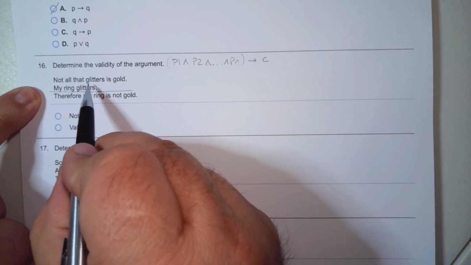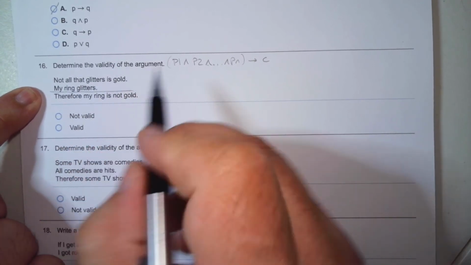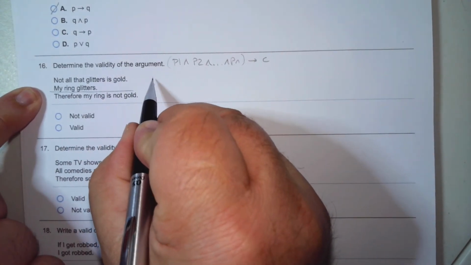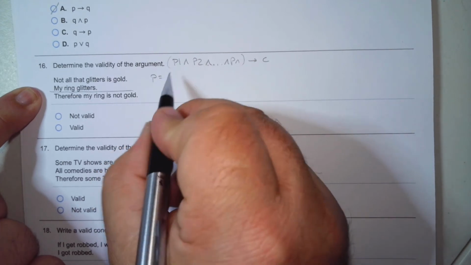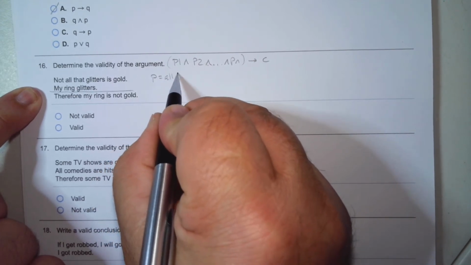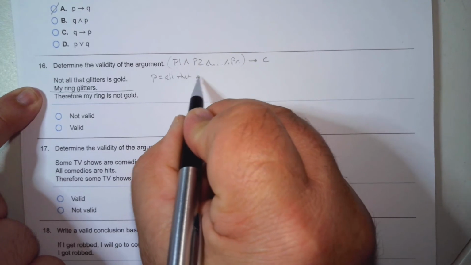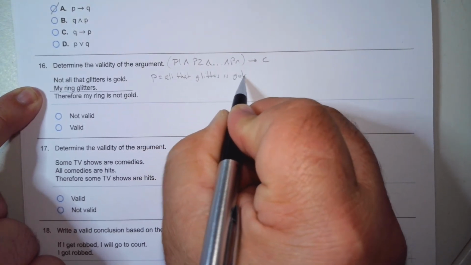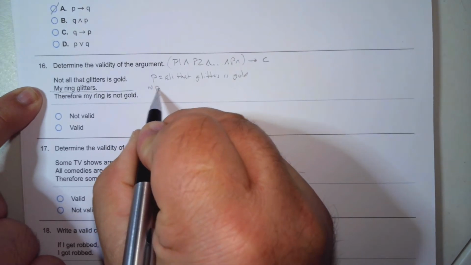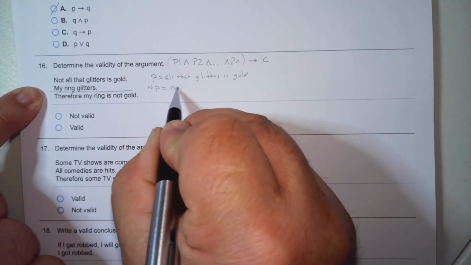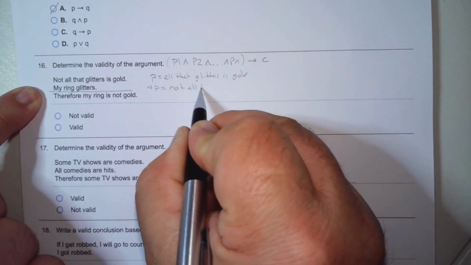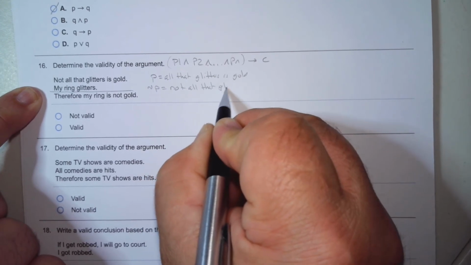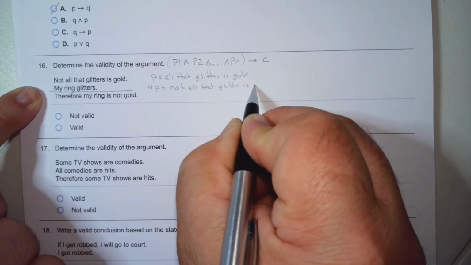Not all that glitters is gold. So P is all that glitters is gold. So not P is not all that glitters is gold.